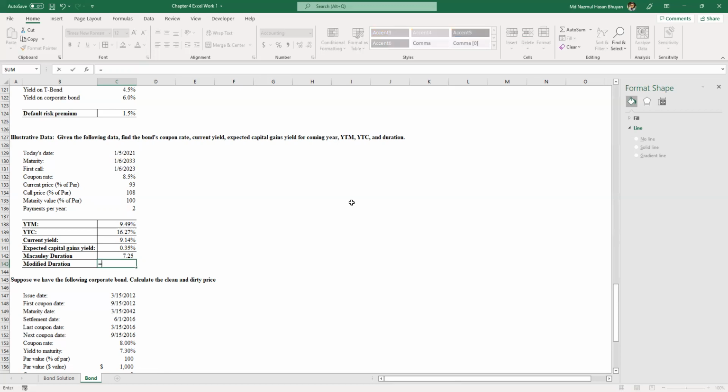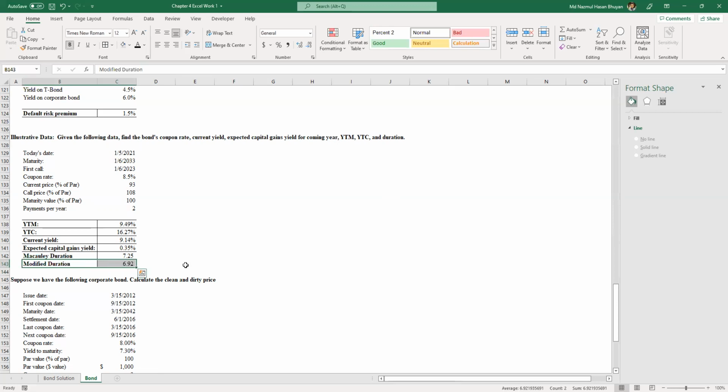All right, so let us calculate modified duration, and the formula is MDURATION. Here we know our settlement date, our maturity date, our coupon rate, our yield to maturity, and our frequency. So here you can see modified duration is now 6.92%.